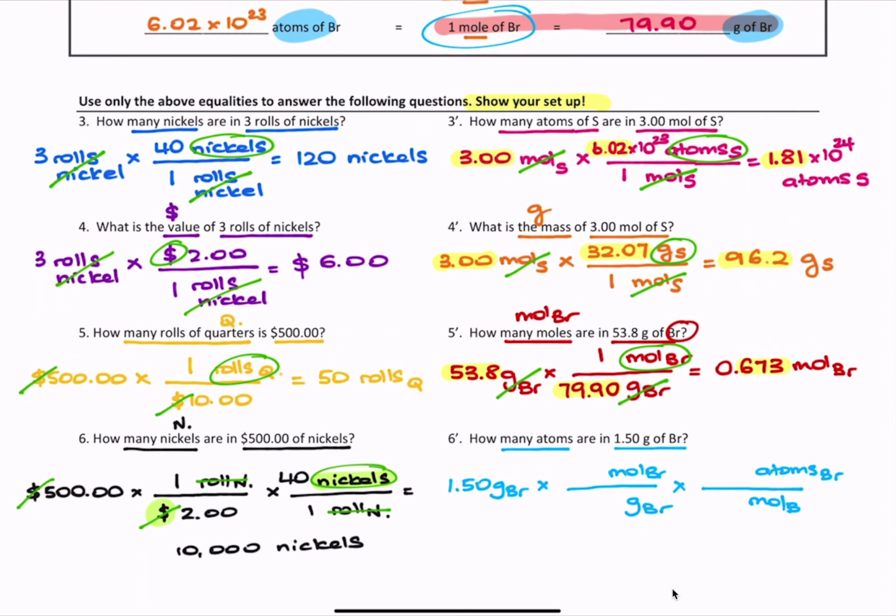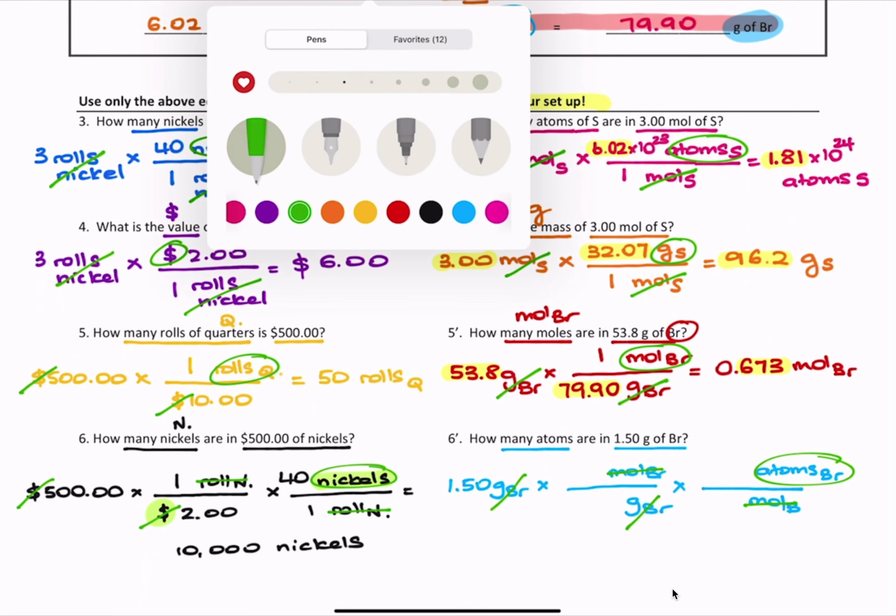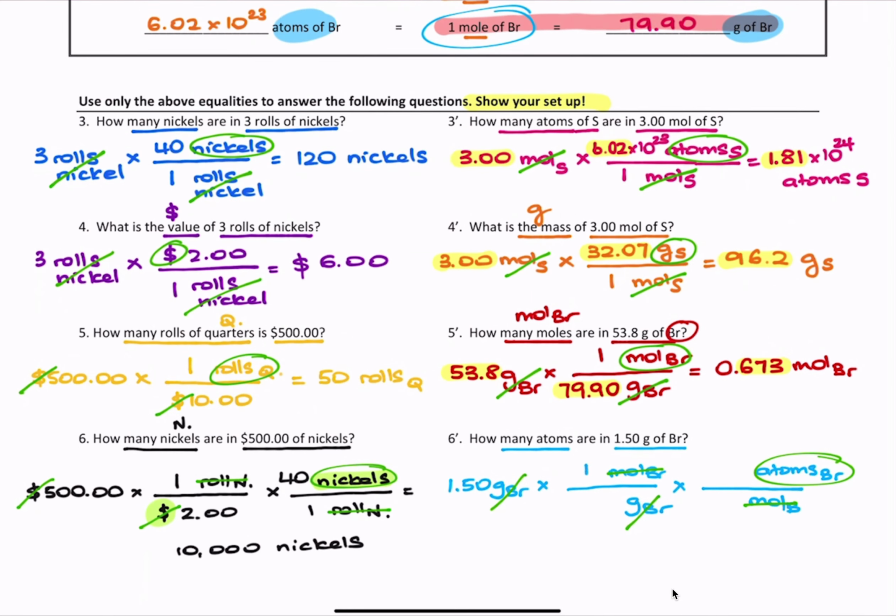So let's see. My grams cancel, my moles cancel, and I'm left with atoms. And I can use my relationship where in a mole there's 79.90 grams of bromine, and in a mole of bromine there's 6.02 times 10 to the 23rd atoms.